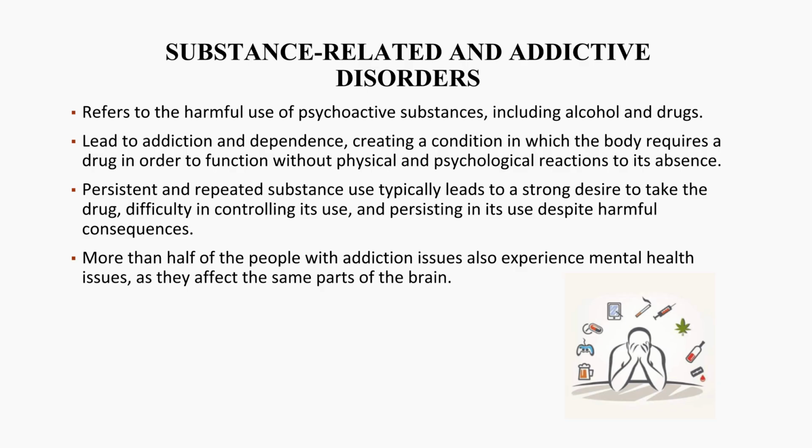Substance use problems can be fatal to the user and put others at risk. Examples include drinking and driving or overdosing. Mental illness and substance use disorders often go hand in hand. That means they can occur at the same time, and the combination of the two can worsen the situation.